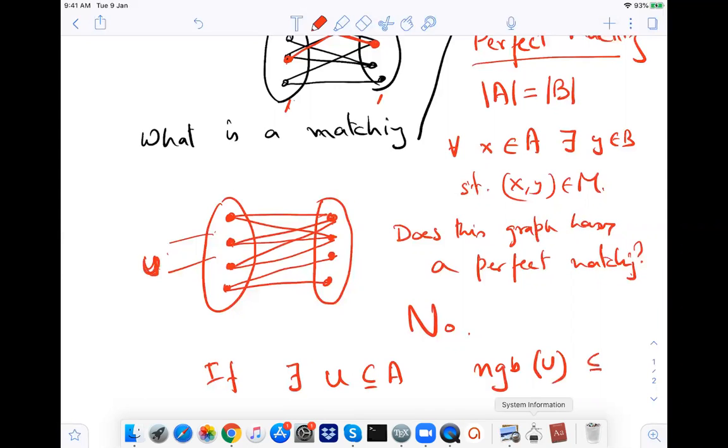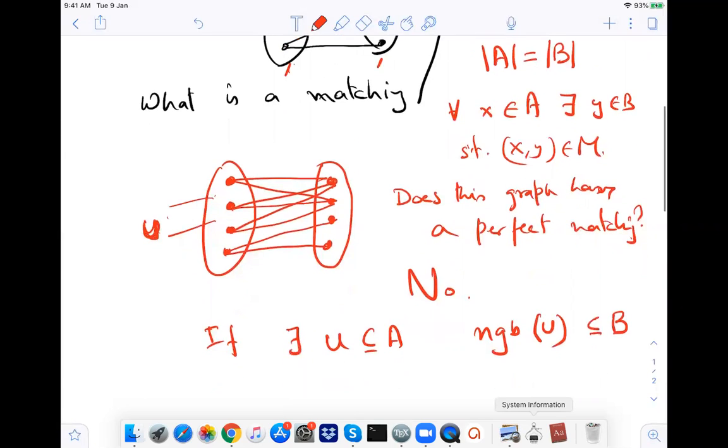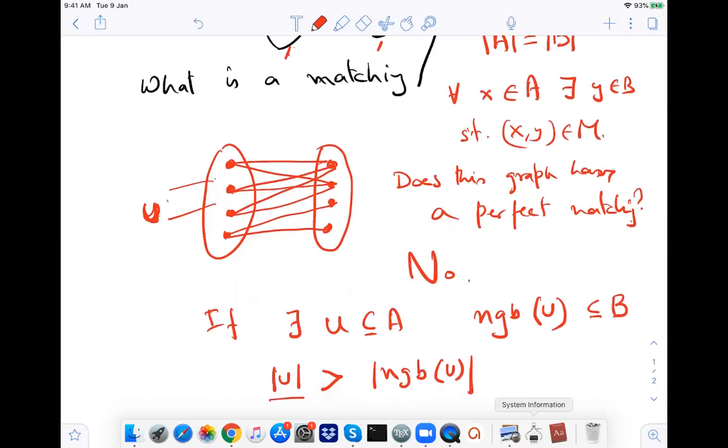Of course, the neighbor of U is a subset of B, right? And if the size of U is strictly bigger than the size of the neighbor of U, then, say, maybe 20 people are asking for 19 things.